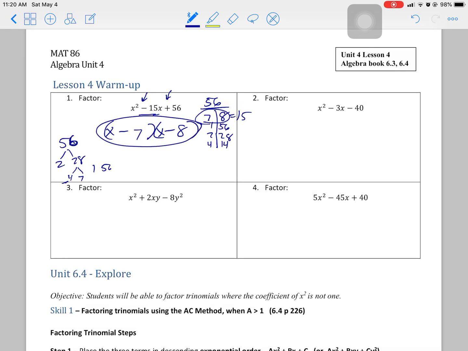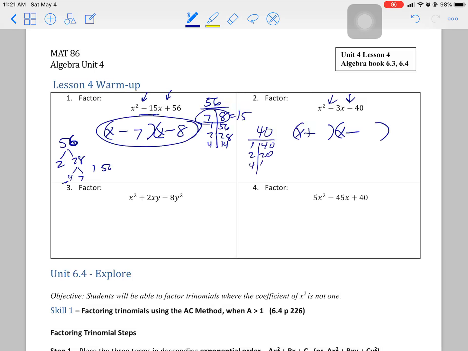All right, same with this one, right to the guess and check. That's an x, but because it's a negative, my answer has 1 positive and 1 negative, okay? Factors of 40 that are 3 apart. Those are 39 apart. Factors, let's see, 2 goes in 20 times. No 3s.